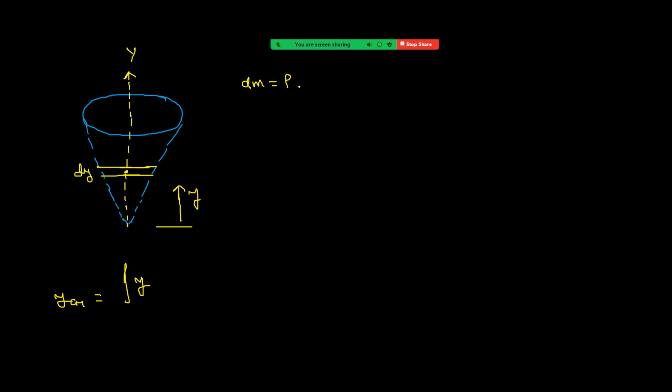If the radius is r, the area is pi r square and its thickness is dy. Area into thickness is volume, and volume into mass per unit volume is dm.